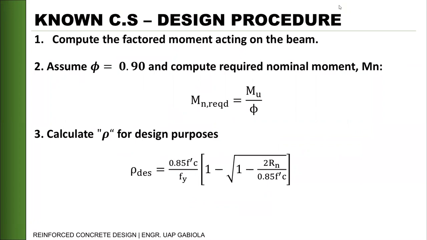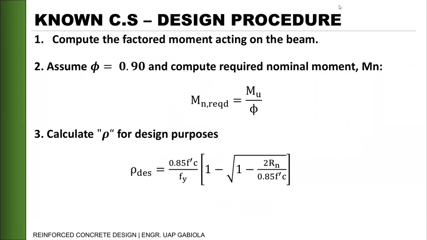And next, we will assume that the phi is equal to 0.9, meaning we assume the beam as tension controlled, or it is behaving as fully ductile. And to calculate yung required nominal moment natin, which we will use for our design.